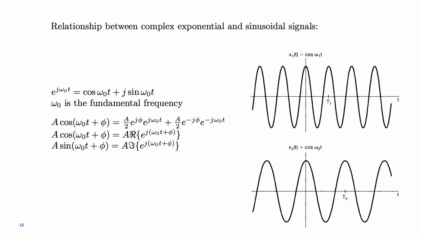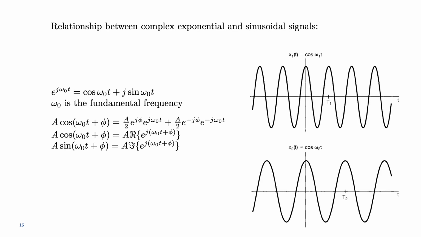So the relationship between a complex exponential and a sinusoidal signal is as follows. We know that we can write e to j omega 0 t as cosine of omega 0 t plus j sine of omega 0 t, where omega 0 again is called the fundamental frequency. Okay, so there are further formulas that link these different quantities.